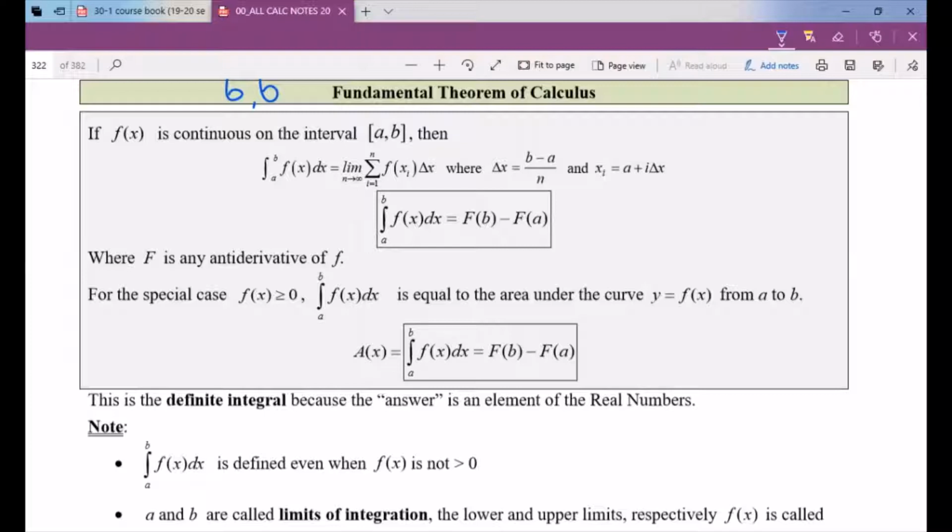Then what we say is we call this the integral of f of x from a to b. So when we have this tiny little a down here at the bottom of our integral sign, and this b up here at the top of our integral sign, this is telling us that we're taking the integral from a to b, a on the left, b on the right.